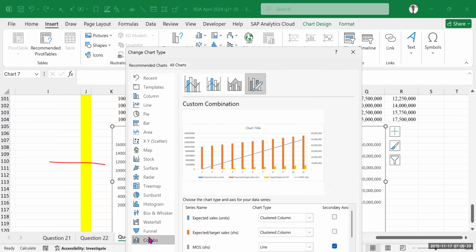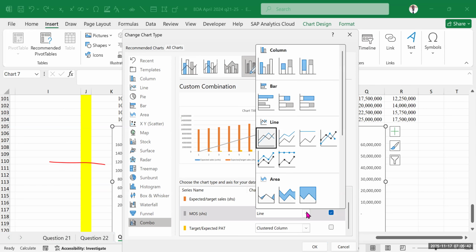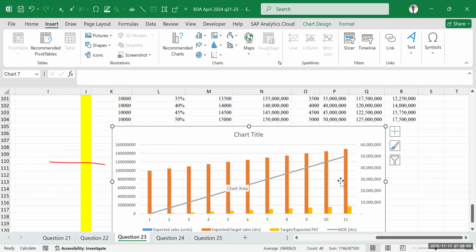You have the variables, since you've already highlighted them. There is expected sales in units, target sales, then margin of safety. Under margin of safety, choose line, then click the secondary axis button. You see the trend of margin of safety.